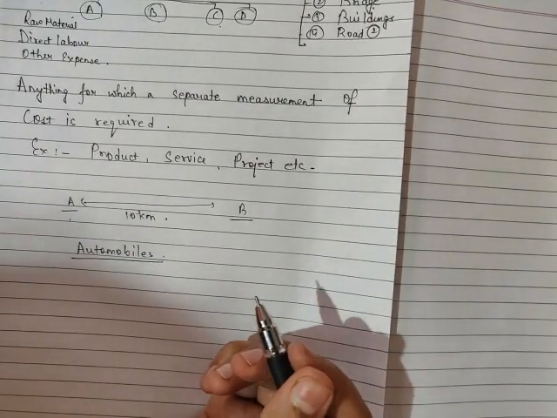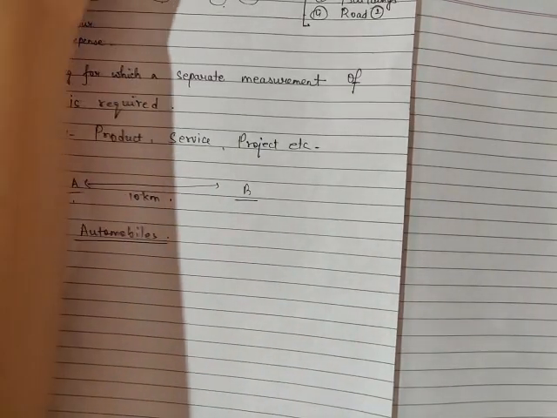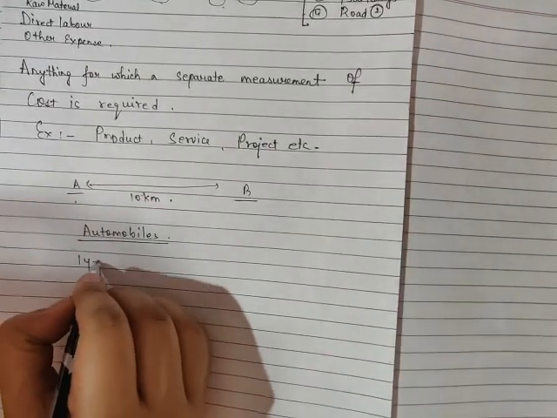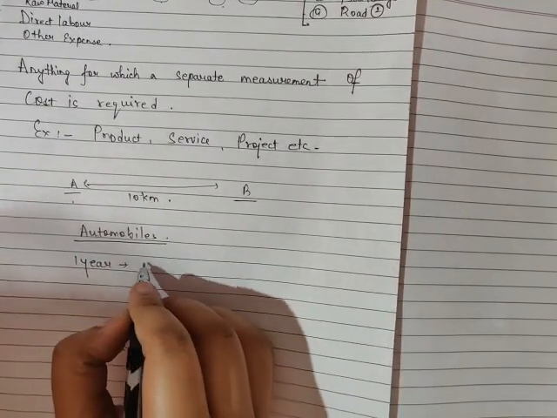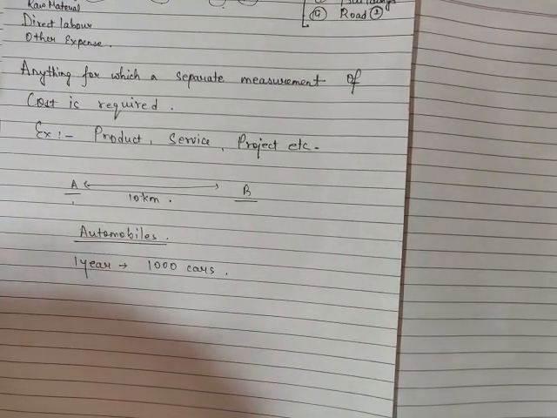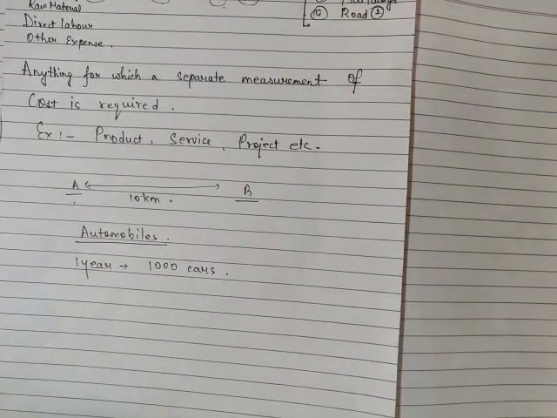So in 1 year, say the company has produced 1,000 cars. So we'll have to ascertain कि हर एक कार का कितना कॉस्ट है.